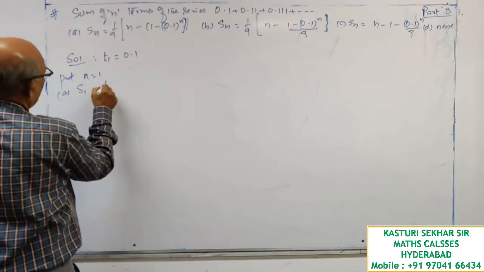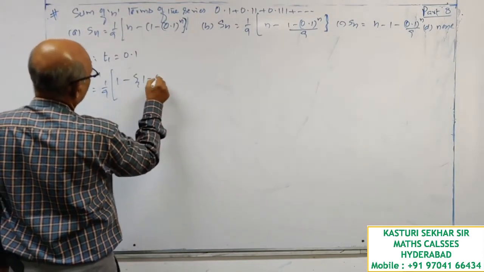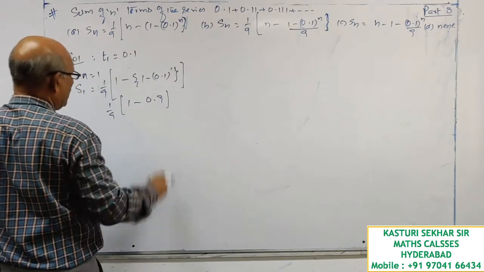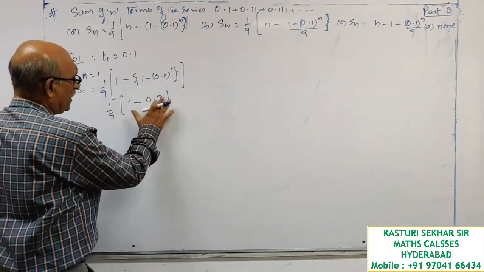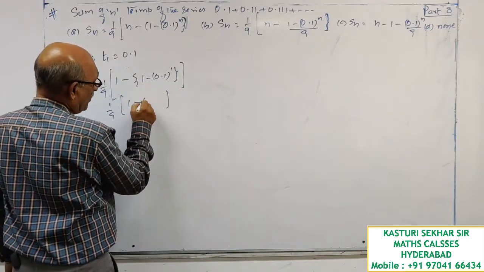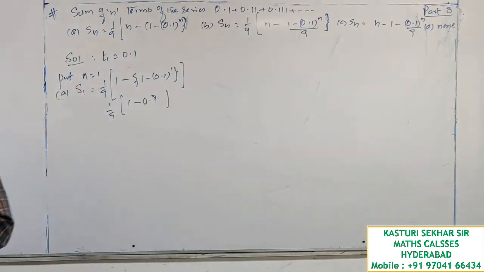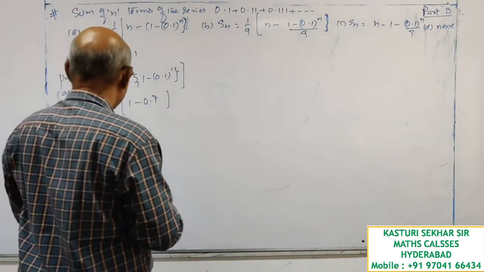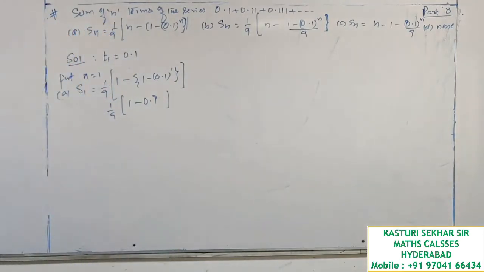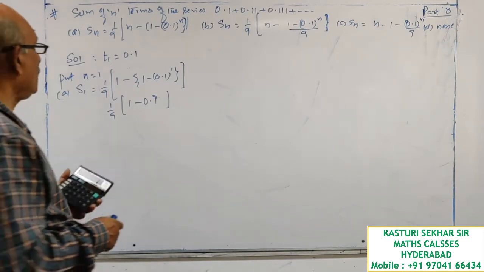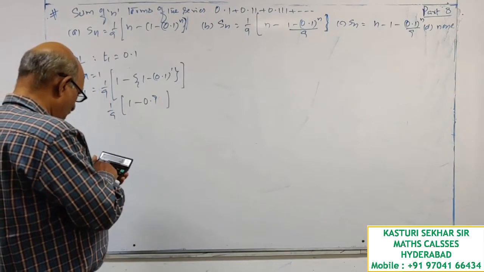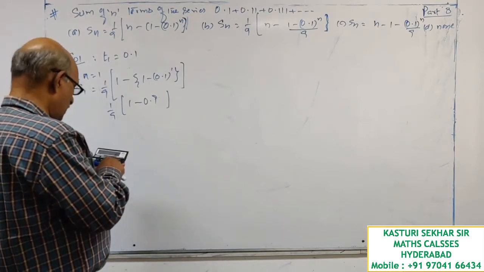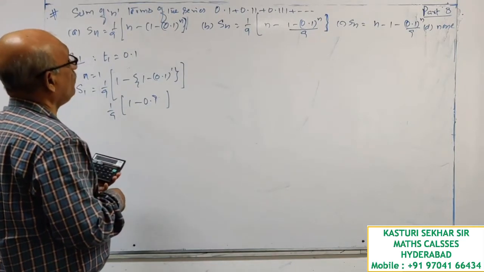So option A, S1 is equal to 1 by 9, 1 minus 0.1 is 0.9, 1 minus 0.9 is 0.1, divided by 9, 0.01.